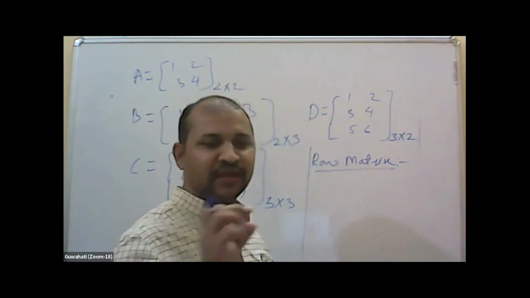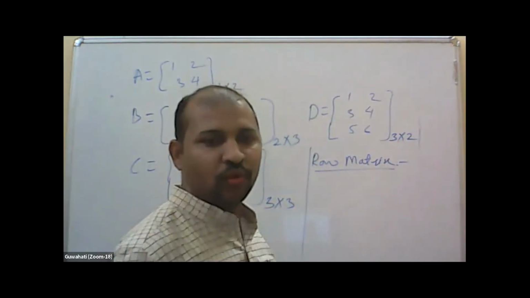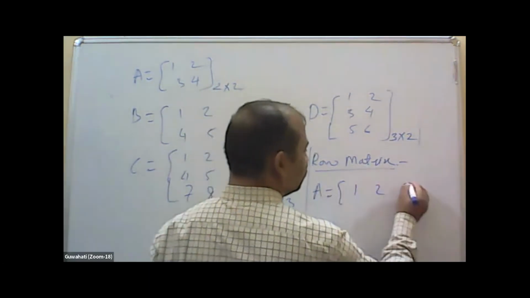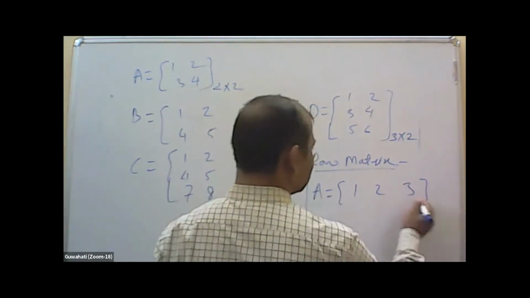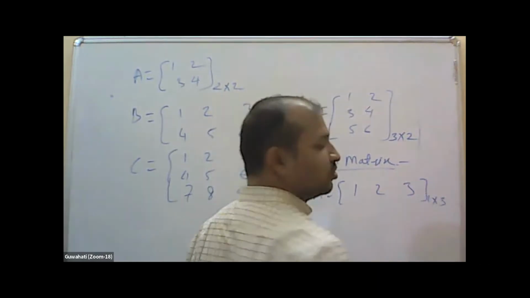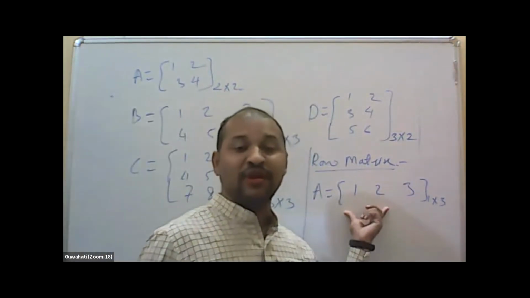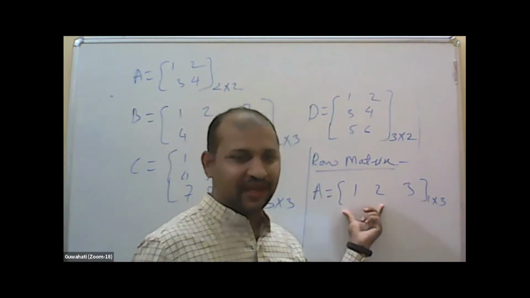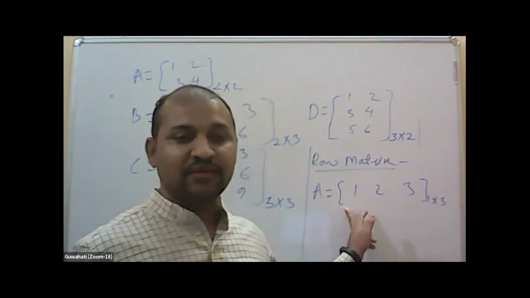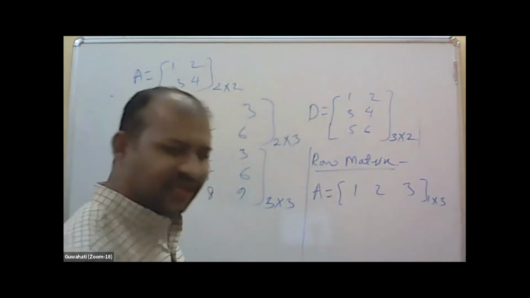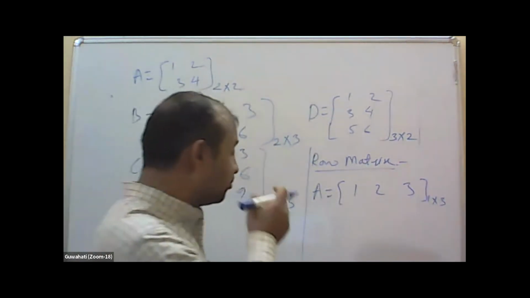A matrix A is said to be a row matrix if it has a single row. For example, A is 1, 2, 3. What is the order of this matrix? 1 into 3. Right. Sometimes we call it an array, a single array, or a vector A. These are the different nomenclatures we sometimes use.